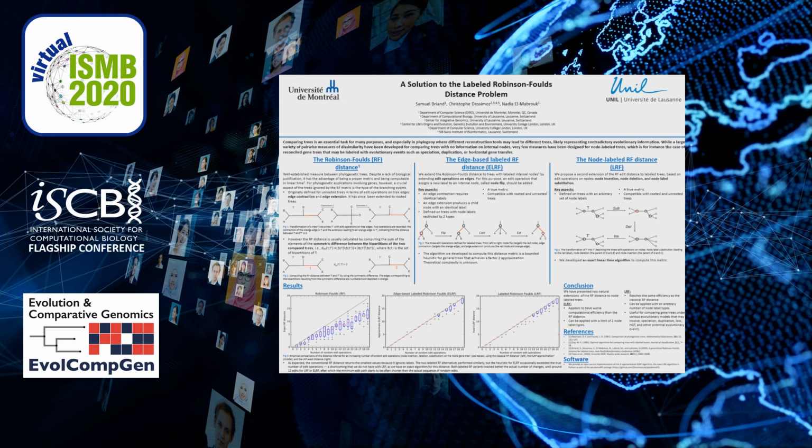On the other hand, we have LRF, which reaches the same efficiency as the classical RF distance, and which can be applied with an arbitrary number of node label types. These characteristics are making it very useful for comparing gene trees under various evolutionary models that may involve speciation, duplication, loss, horizontal gene transfer, and other potential evolutionary events.